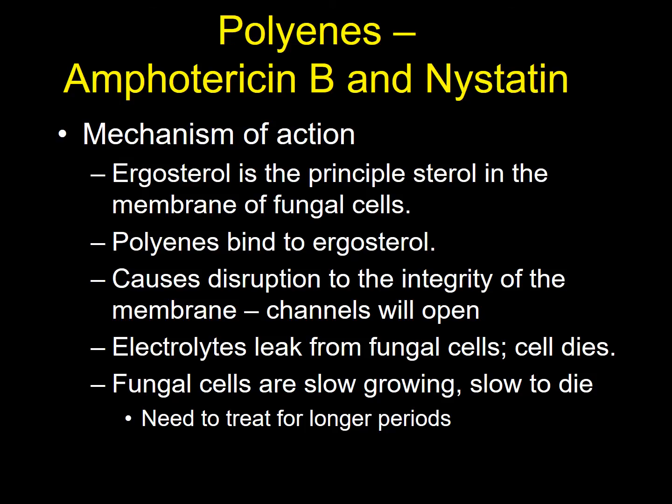So the first one are the polyenes, which include amphotericin B and nystatin. It's really kind of interesting because they are total extremes in terms of punch. Amphotericin B is very powerful. Half the time you worry about the amphotericin B killing the patient instead of the fungal infection.